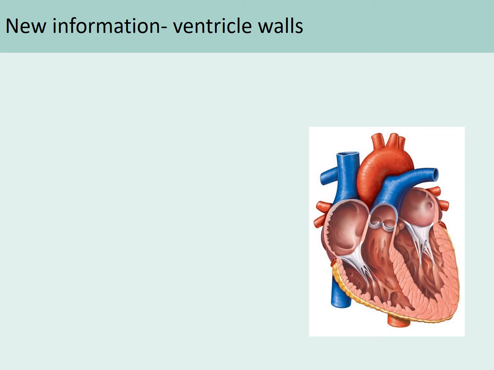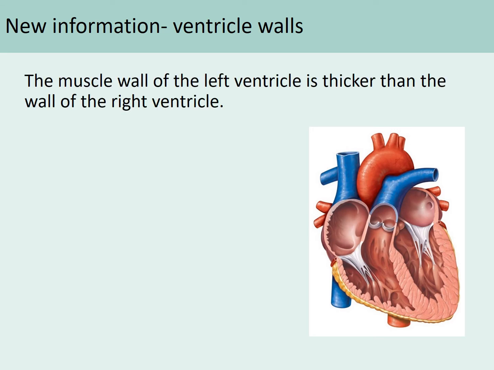If you can think of a difference, or can see a difference, why do you think that difference is? Okay, so you can probably see that the muscle, the cardiac muscle around the left ventricle, is a lot thicker than the right ventricle. Now, why do you think that might be?